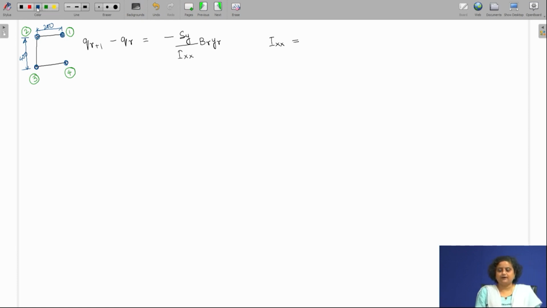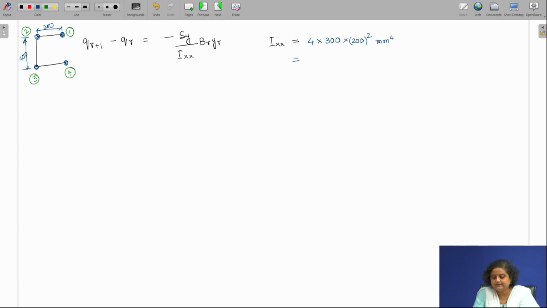Now let us try to find out Ixx. Ixx is going to be, there are 4 booms, each of area 300 millimeter square, and each of these booms is located at a distance 200 millimeter from the x axis. So, therefore, it all has 200 distance. So, the total Ixx is this one, and the unit would be millimeter 4.